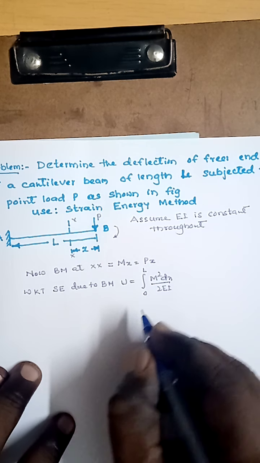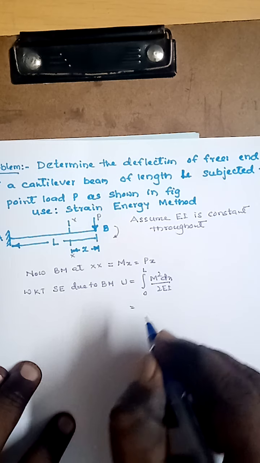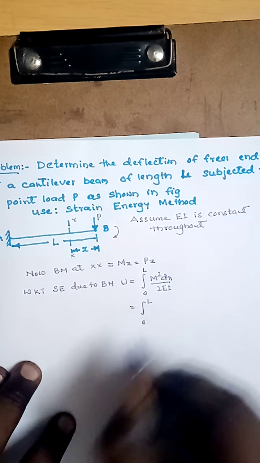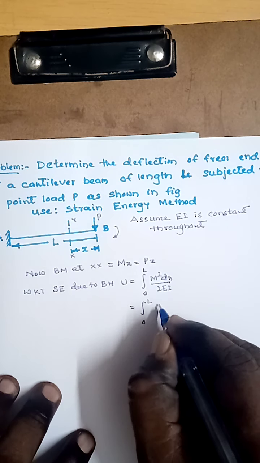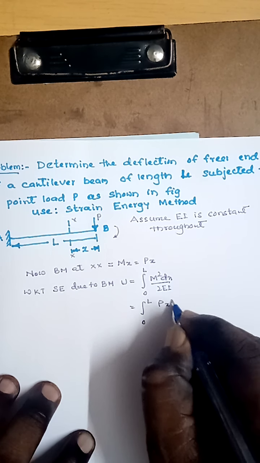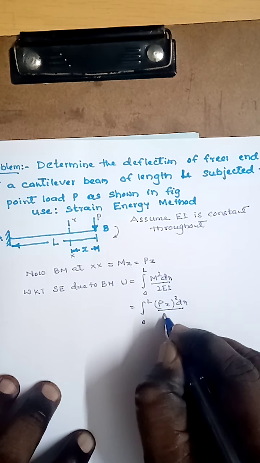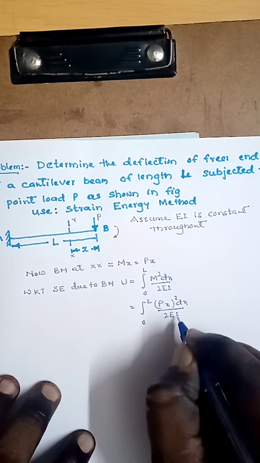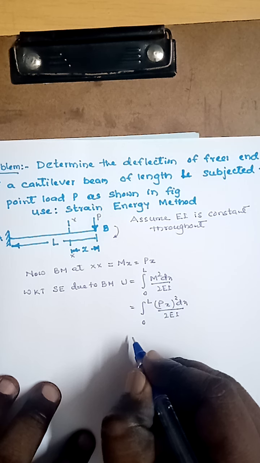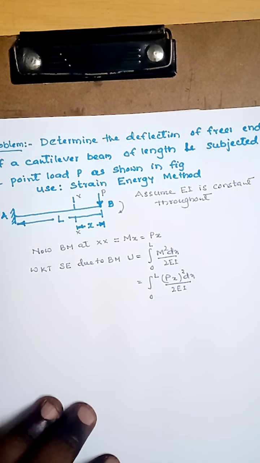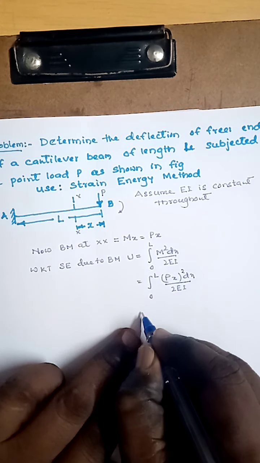Now we can substitute the value of M, the limits are 0 to L, (Px) whole square into dx divided by 2EI. Now after substituting the value of M, we can integrate this by simplification.